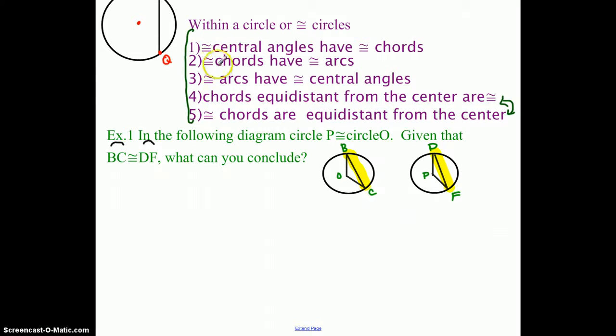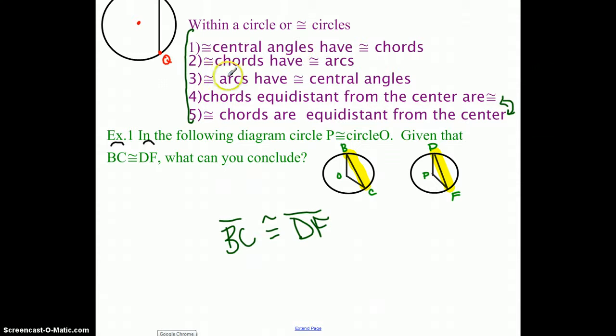So if these arcs are congruent, that means segment BC is going to have to be congruent to DF.